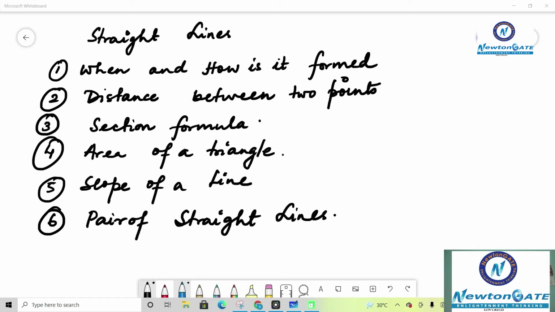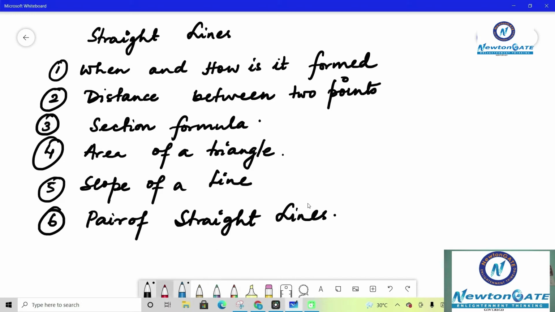Today's first topic is straight lines. These are the topics that I am going to cover in this video. The first is how and when a straight line is formed. The next is distance between 2 points, section formula, area of a triangle, slope of a line, and finally pair of straight lines.